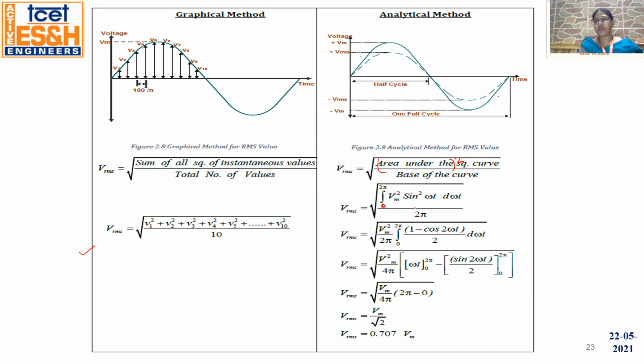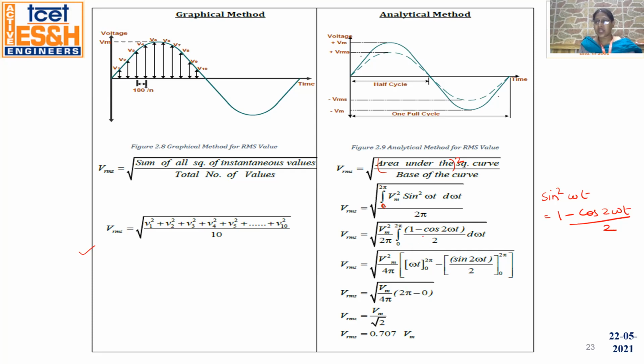When you solve it, sine square omega t is replaced by (1 minus cos 2 omega t) divided by 2. So simply put (1 minus cos 2 omega t) divided by 2 into d omega t.